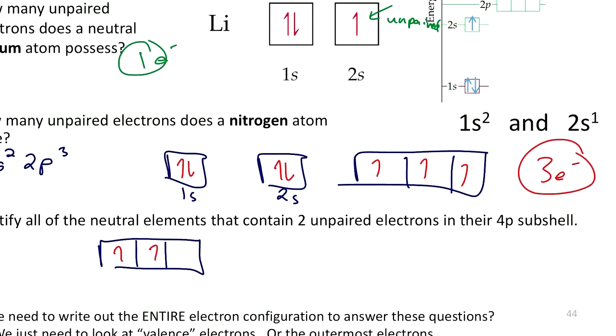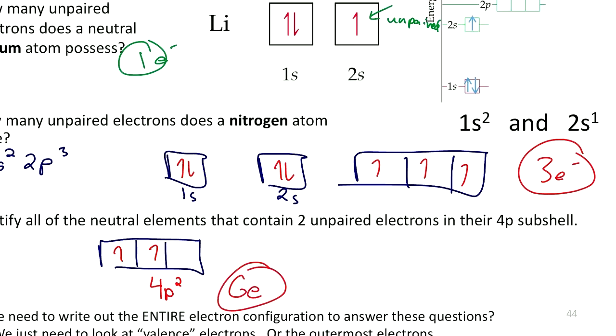So this is a 4p element with 2 electrons in it. What element is that? If you look at the periodic table, what 4p element has 2 electrons? Germanium, right? Boron's 2p, aluminum's 3p, gallium's 4p, so this would be germanium.